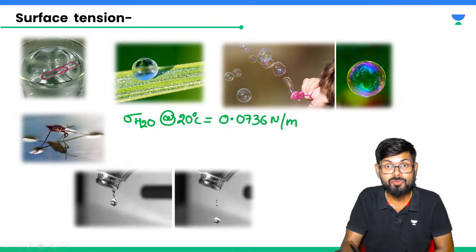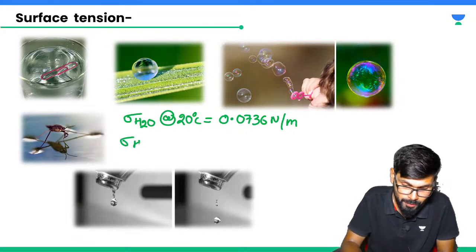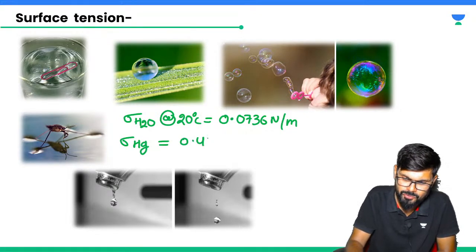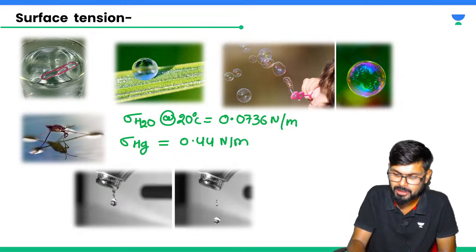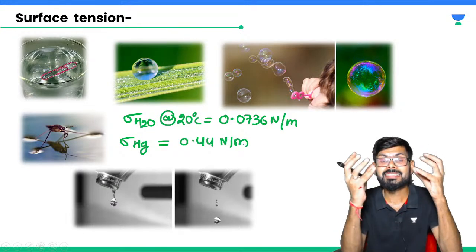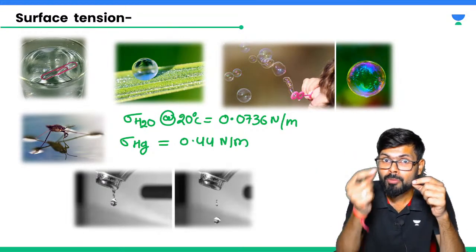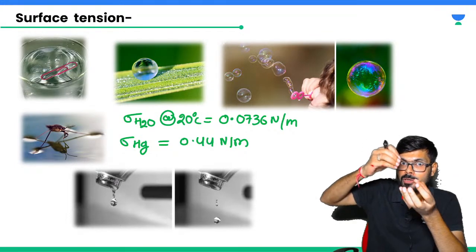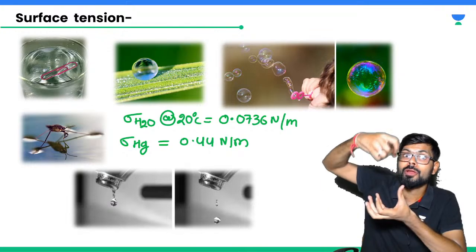Clear? This is for H2O. Now the sigma value of Hg in normal temperatures is 0.44 Newton per meter. You are getting my point now? So mercury surface tension is more, so the mercury droplet will be big in size, because that surface tension can hold more mg.